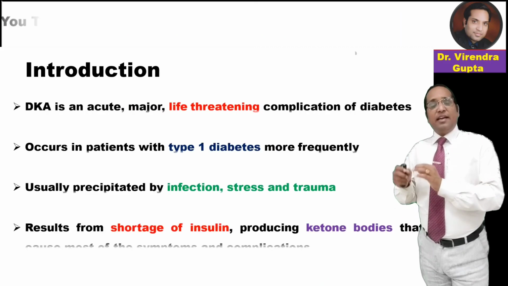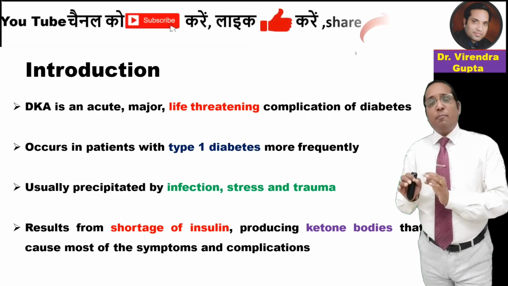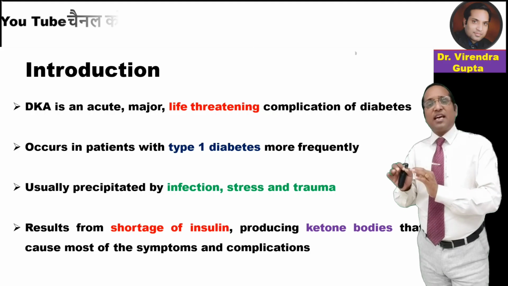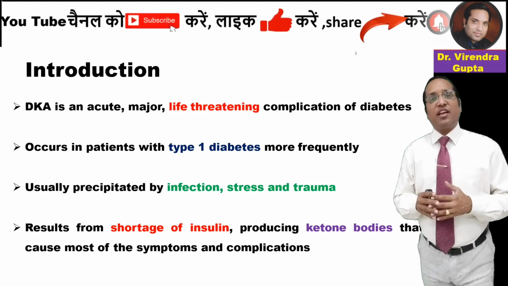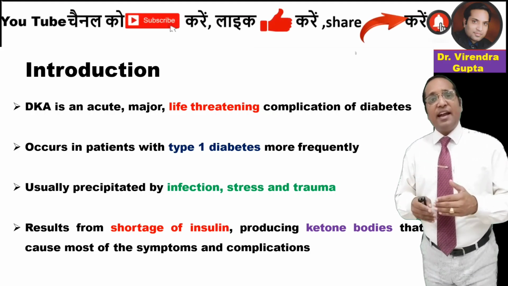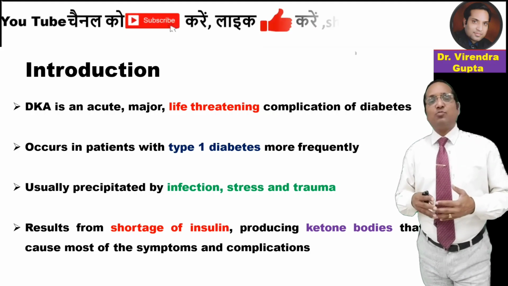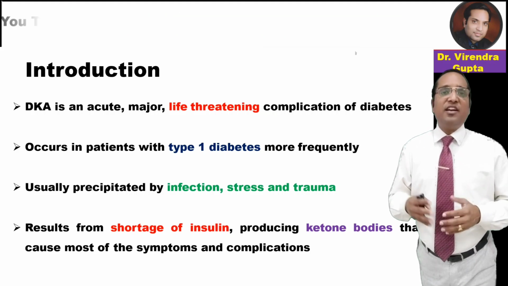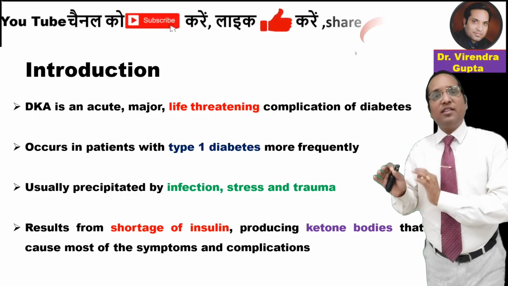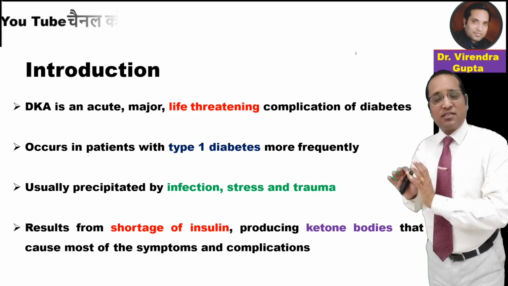And guys, diabetic ketoacidosis is an important, acute, major and life-threatening complication of diabetes mellitus, and it occurs more frequently in patients with type 1 diabetes mellitus, and in special conditions it may also be found in type 2 diabetes mellitus.